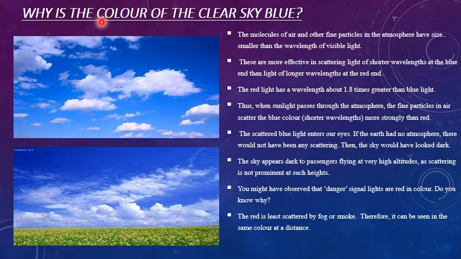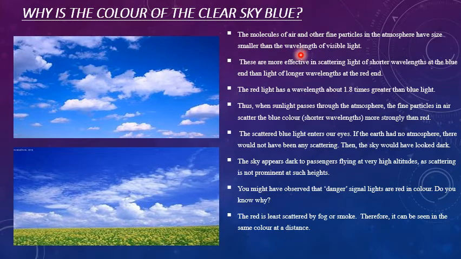Let us see the reason why the color of the clear sky is blue. The molecules of air and other fine particles in the atmosphere have size smaller than the wavelength of visible light. Now see children, these small molecules present in the air and other fine particles present in the atmosphere are very small in size, smaller than the wavelength of light.